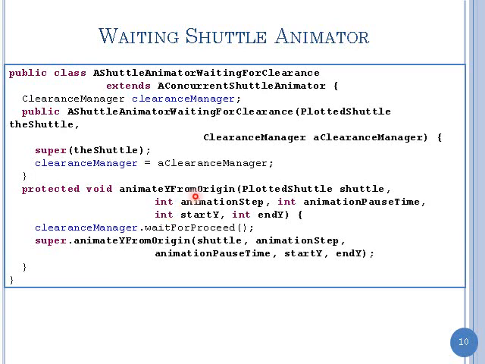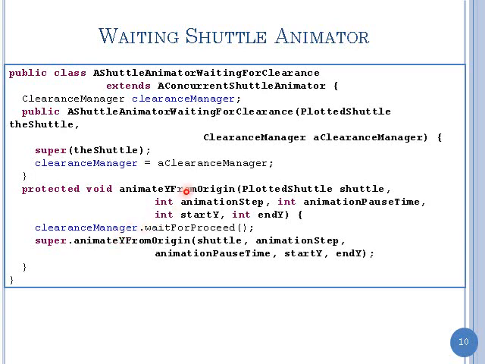And my animate y from origin, which was the one that was doing the animation, is a subclass of my previous one, and this particular animate y from origin, before it calls the superclass method, goes and calls wait for proceed on the clearance manager. So the threads call methods that call other methods.